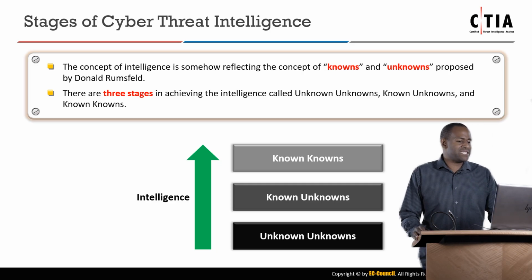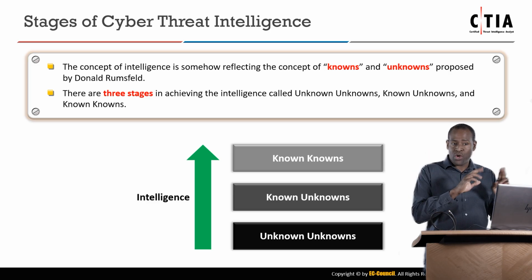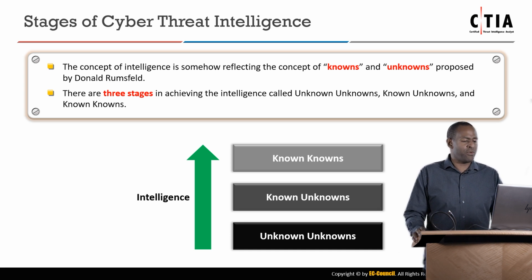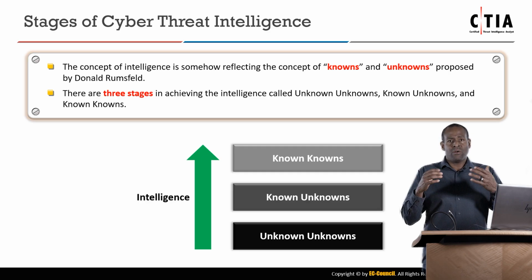So we're going to look at some of the stages of cybersecurity intelligence. Number one, the concept of intelligence is somehow reflecting the concept of knowns and unknowns. These are proposed by Donald Rumsfeld, who was the former Defense Secretary for the United States of America. There are unknowns. So with the unknowns, these are something that we can't conceive of right now.